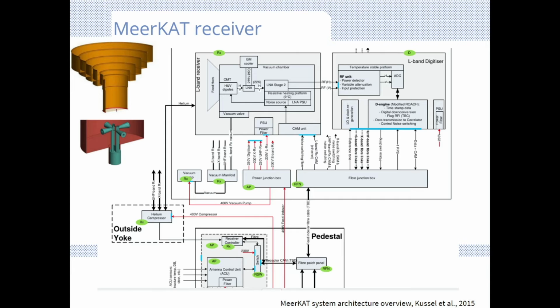And at the back of that, within a temperature stabilized enclosure that's cryogenically cooled to about 22 Kelvin, we have the low noise amplifier, which is a two-stage amplification system. That system is then connected to our digitizer, which is sitting right next to the receiver. Within the receiver, there's an analog to digital conversion system, and at that point we timestamp the signal and send it through to our signal processor.